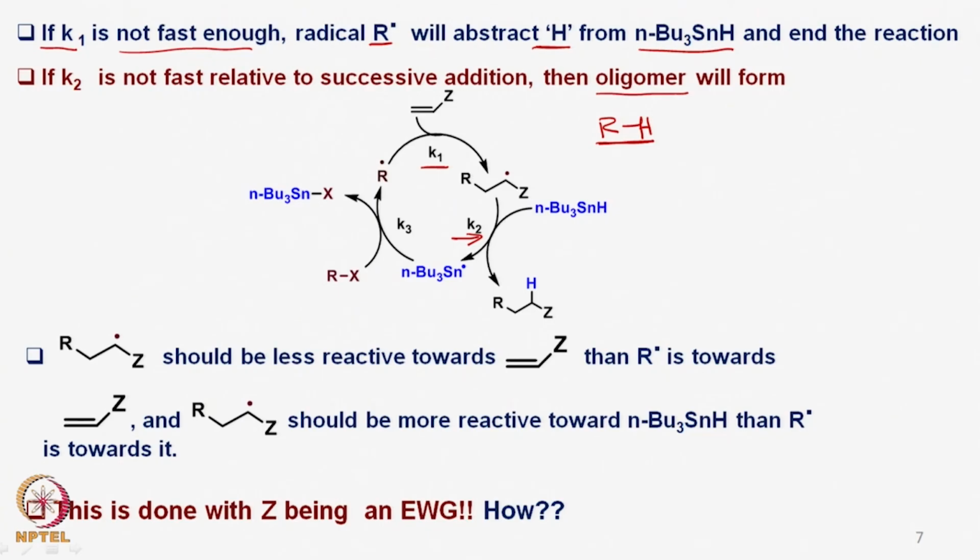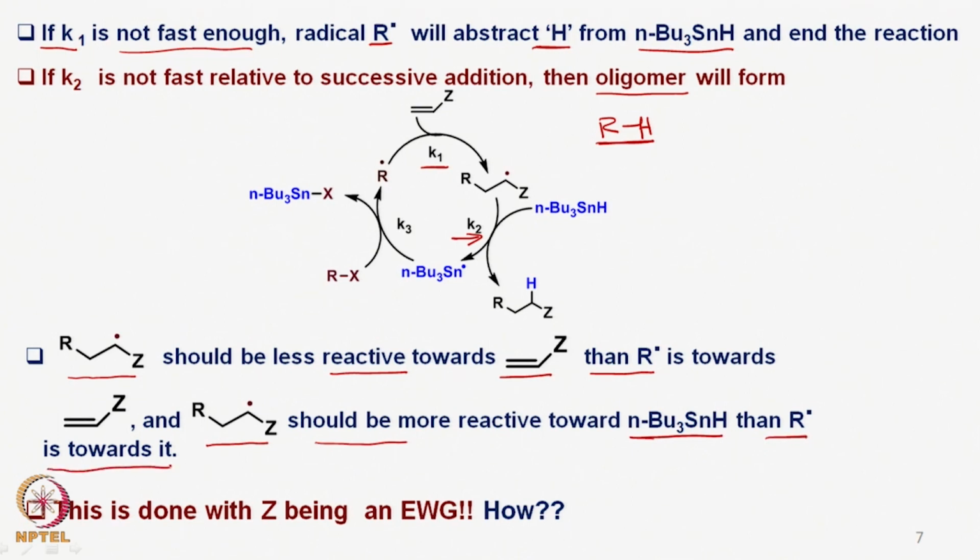So what is important is that this radical should be less reactive towards the original double bond than R dot is towards it. That means this particular radical should not react with the next olefin, that rate should be less than the rate at which R dot reacts with the double bond, and this particular one should be more reactive towards the tributyltin hydride than R dot is towards it.